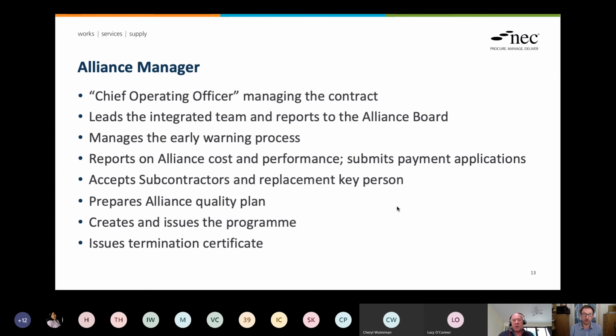Depends on the project, depends on so many things. Because look at all this, they've got to manage the early warning process. They've got to attend every meeting. They've got to report on alliance cost and performance, submit payment applications, accept all the subcontractors that the partners put forward. Prepare a quality plan, make sure the quality plan is followed, create the program, issue the program, and if it leads to it, issue the termination certificate.